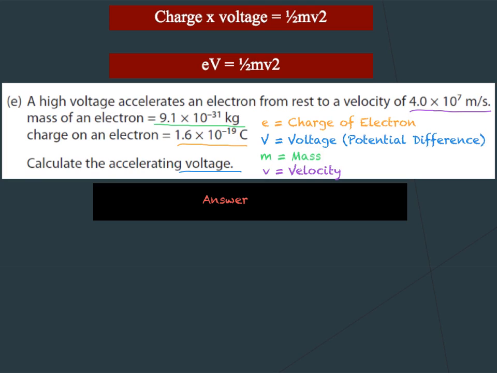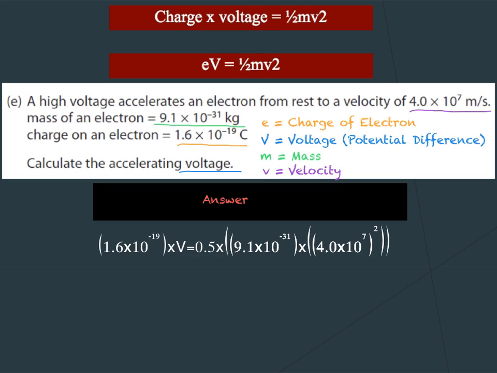We now have all of the numbers to plug into our equation. This gives us our charge, 1.6 times 10 to the minus 19, times our unknown voltage, which equals 0.5 times our mass, which is 9.1 times 10 to the minus 31, times our velocity, which was 4.0 times 10 to the 7.